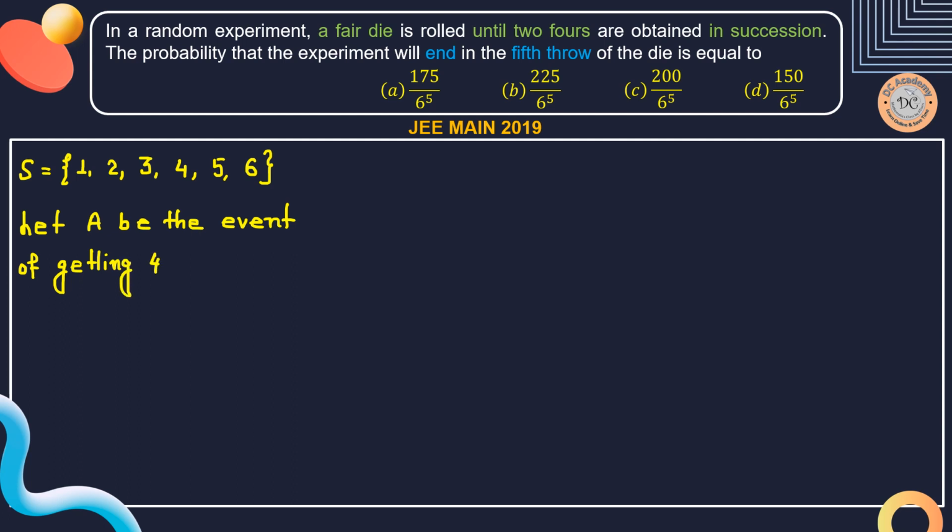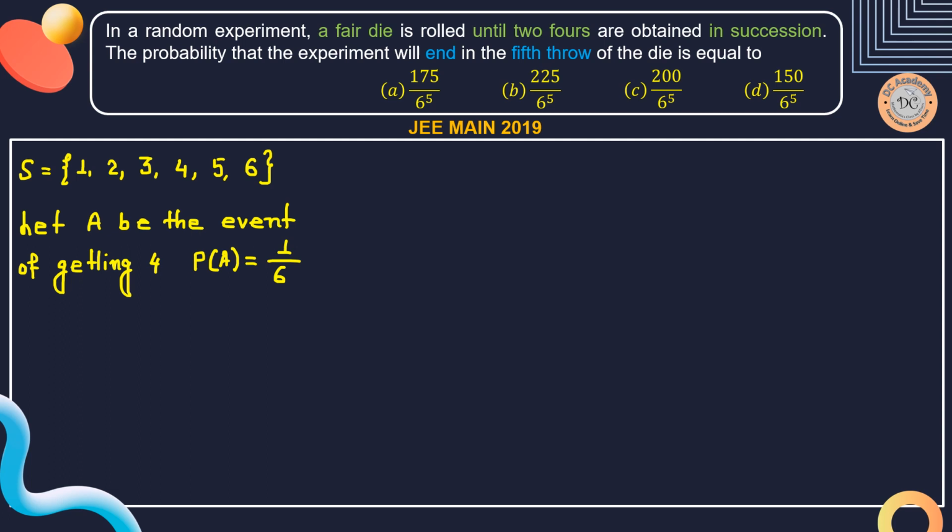If I try to calculate the probability of A here, the number of favorable events will be equal to 1, because only one time, and the total number of events is 6. So probability of A is equal to 1 by 6.